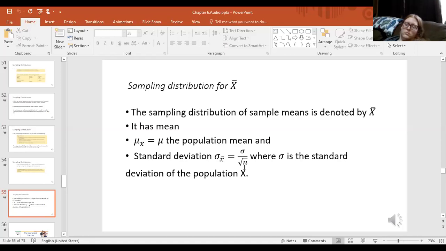So whenever you are asked to find the probability that the average of a certain number is less than, greater than, or between, that means you are dealing with the sampling distribution of sample mean. You want to adjust the standard deviation by dividing the provided standard deviation by square root of n.